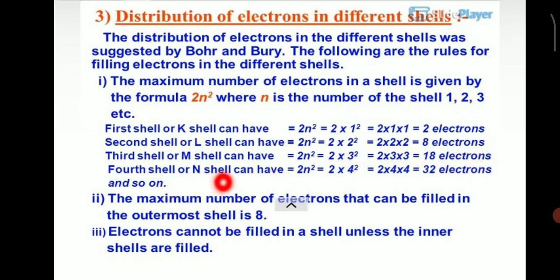So what about the N shell? It can hold 2n square, that is 4 square, that is 32 electrons. So the maximum capacity of electrons that can be held by these shells: K is 2, L can hold 8 electrons, M can hold 18 electrons, and N can hold 32 electrons.